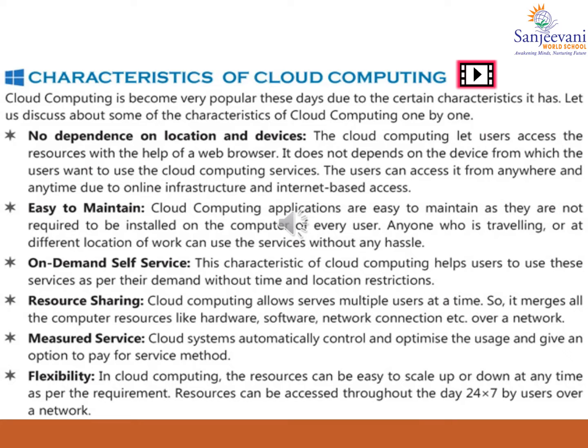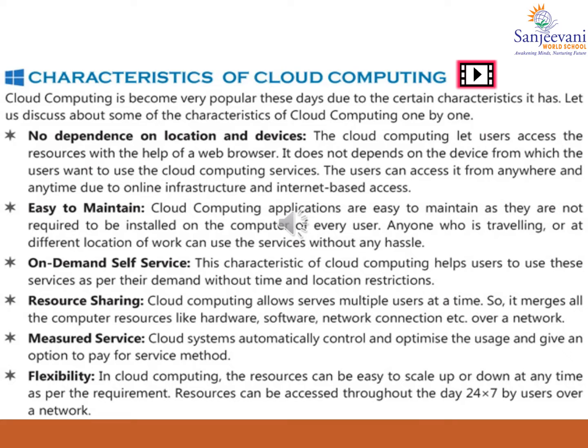Resource sharing is the next. Cloud computing allows serving multiple users at a time. So it merges all the computer resources like hardware, software, network connections, etc. over a network. Next is measured service.